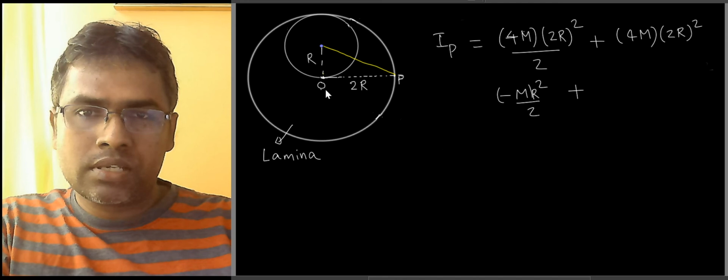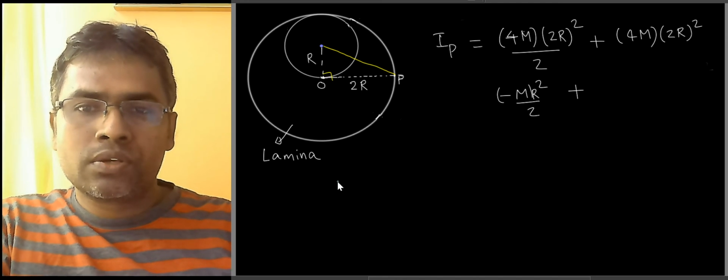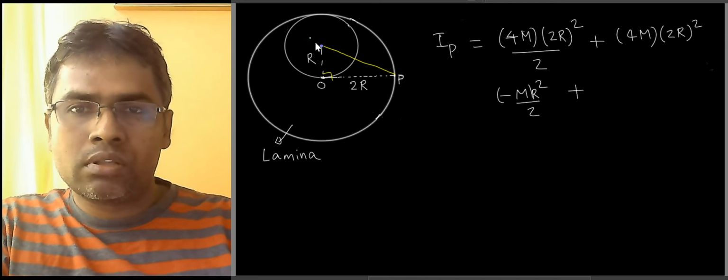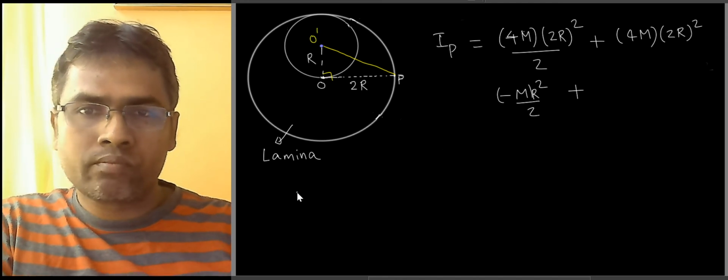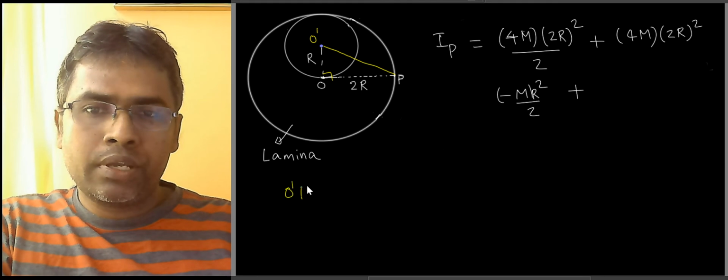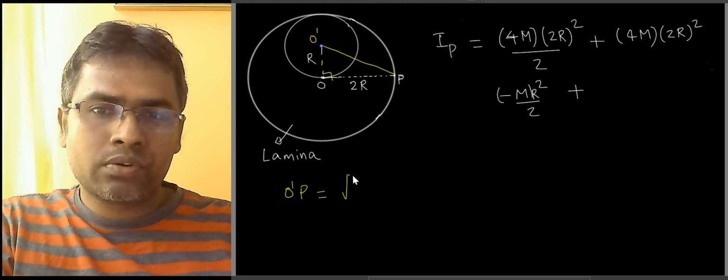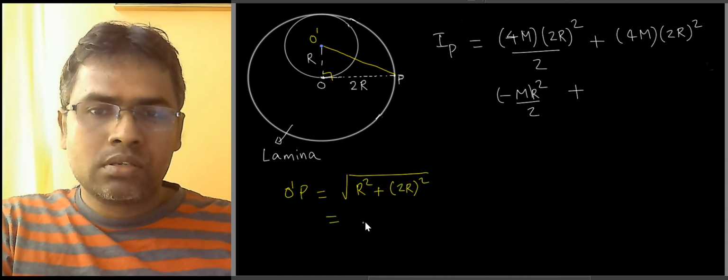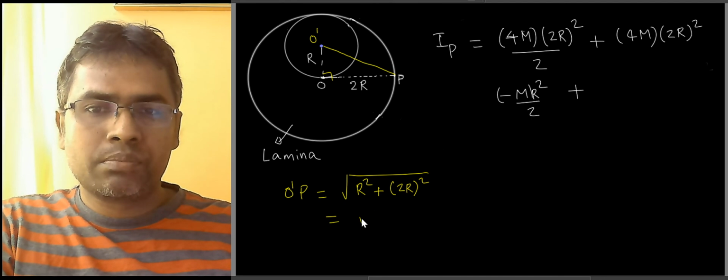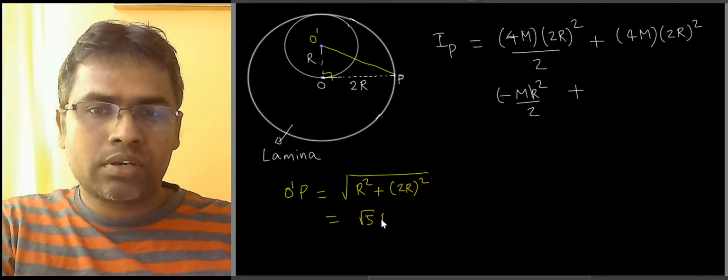The sides are r and 2r. If I call this O prime, then O prime P is simply the square root of r square plus 2r whole square, which is root 5 r.